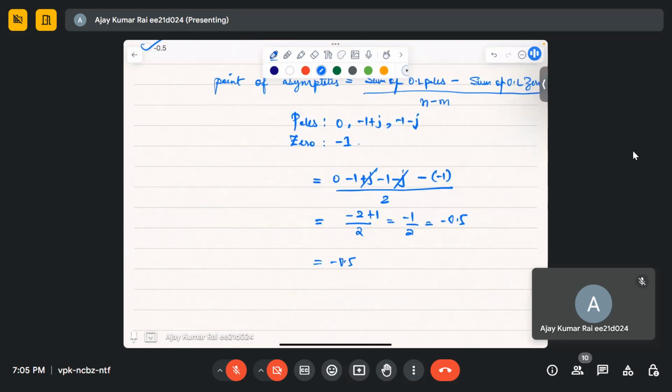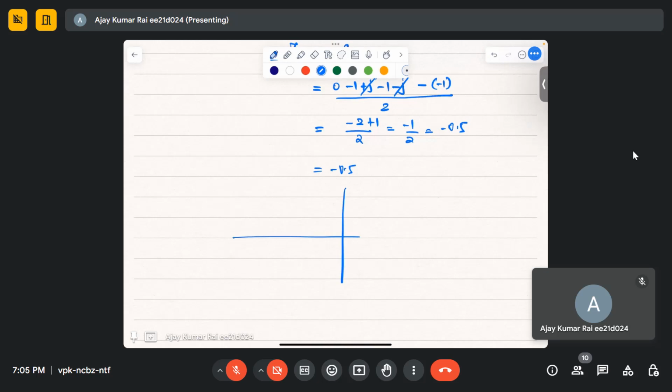Okay, so if you draw it, you're having 0 here. This is minus 1, this is 0. And I'm just drawing the asymptotes. So this is the point of intersection of asymptotes, minus 0.5, and we have seen the angle is plus 90 degree and minus 90 degree, right?